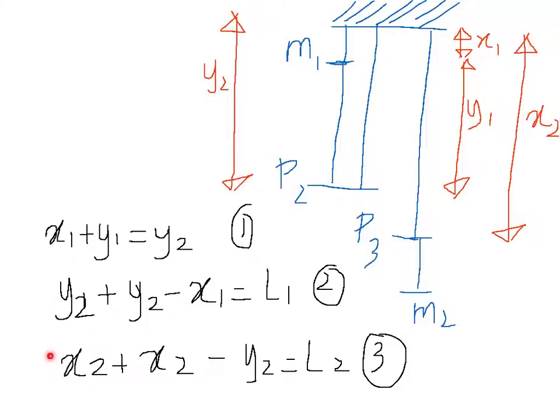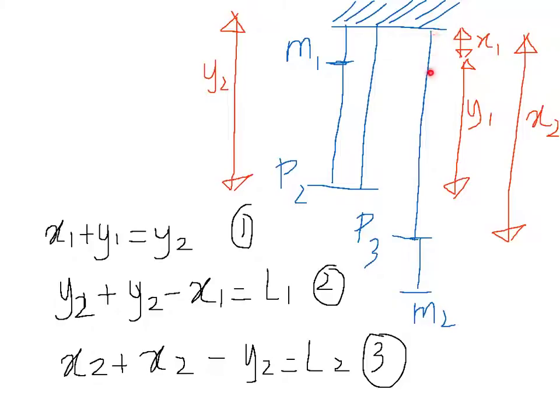The second relationship is derived by looking at the length of the second string. What is the second string? It starts over here, extends down to the pulley, goes around the pulley, and then goes all the way up to the reference point. This segment, as we defined, is x2, and this little segment here is nothing but x2 minus y2, because this segment over here is y2.